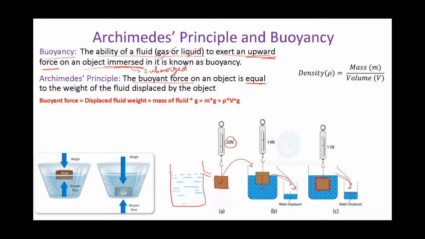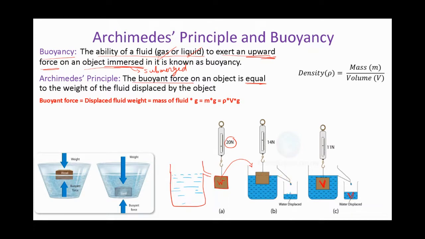Its volume equals the volume of the object, because this object displaces water, and this water will overflow into the cup. The volume of displaced water equals the volume of the submerged object.